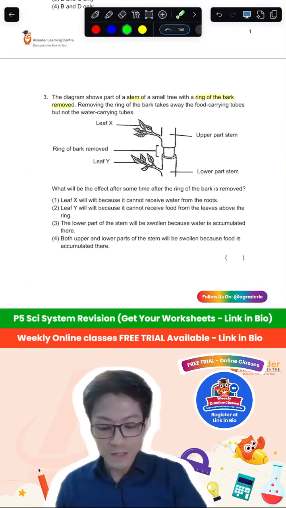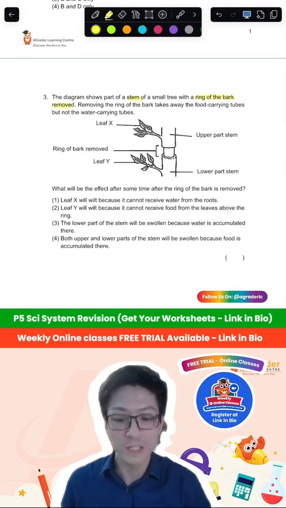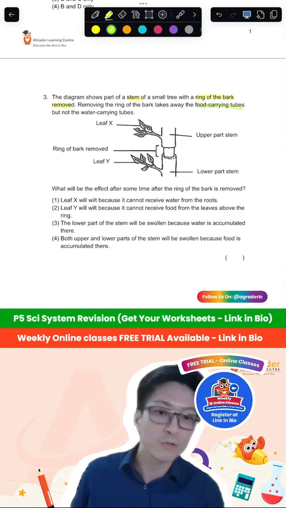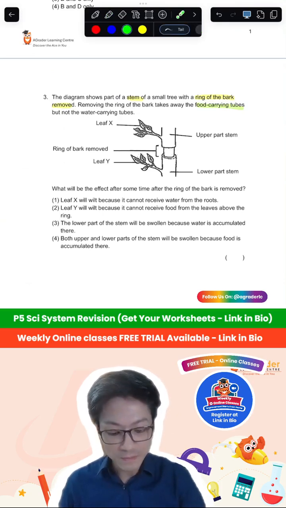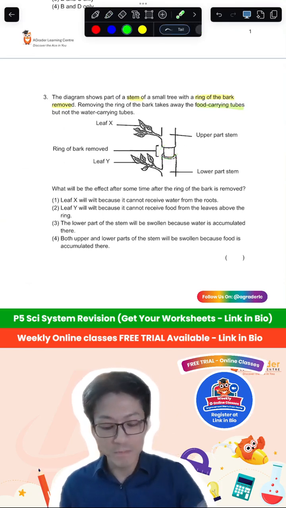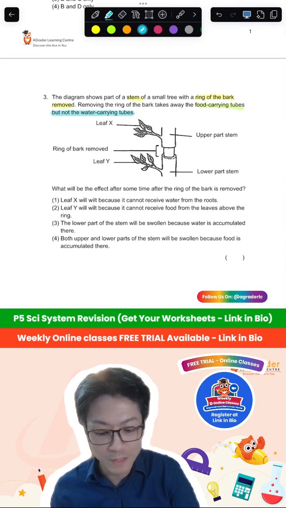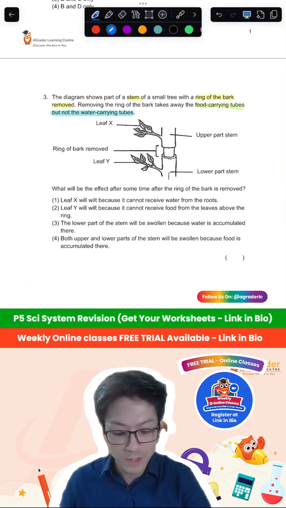So you have to pay attention to the question and find out which tube is removed. Removing the ring of bark takes away the food carrying tube. So now you know that the food carrying tube has been removed over here, but not the water carrying tube. The question also emphasized that it's not the water carrying tube. So you know that water can still flow into the leaf.